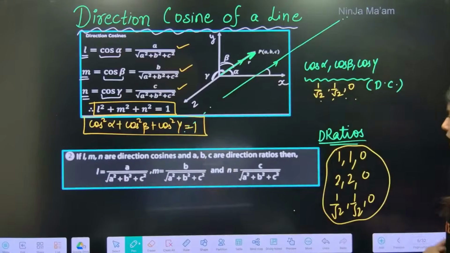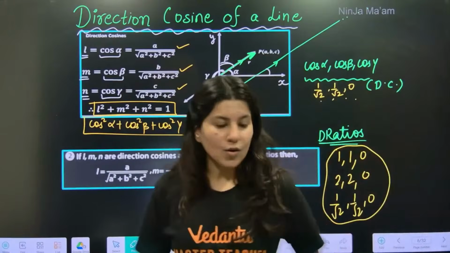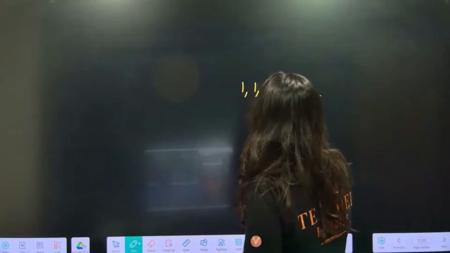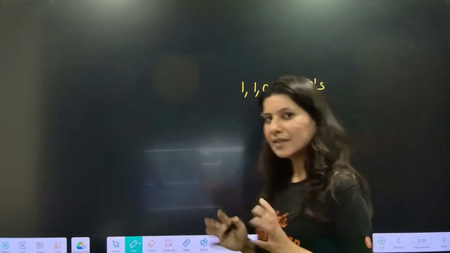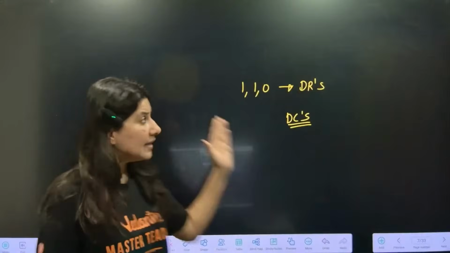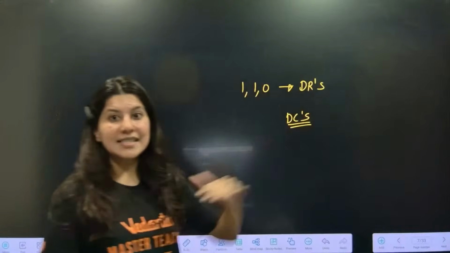Now a little small exercise. If I give you 1, 1, 0 as DRs, and you have to calculate the DCs. Usually this type of question will be there, that DRs will be given and DCs will be asked.